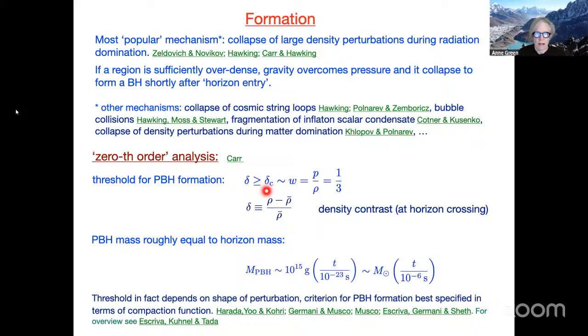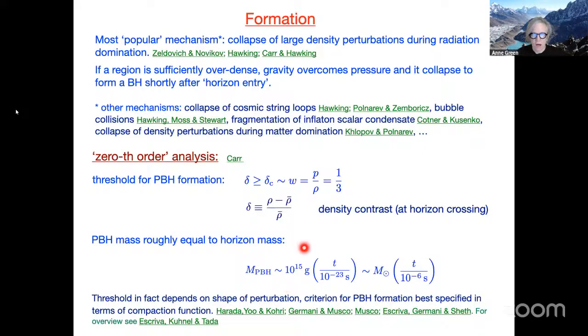For a primordial black hole to form, the density contrast has to be greater than some critical threshold value, which is of order the equation of state parameter w, which during radiation domination is roughly 1/3. If that criterion is satisfied, you get a black hole formed with its mass roughly equal to the horizon mass, which depends on time; it grows with time.